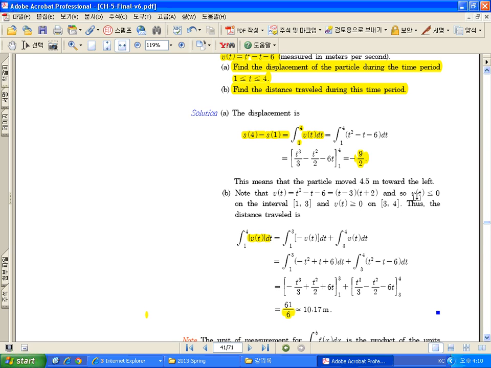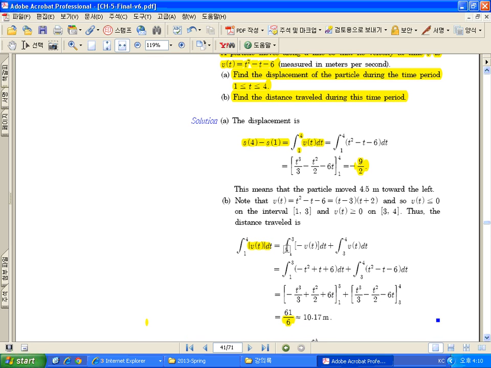changes its sign at 3. So it starts negative from 1 to 3 and then becomes a positive value on the interval 3 to 4.